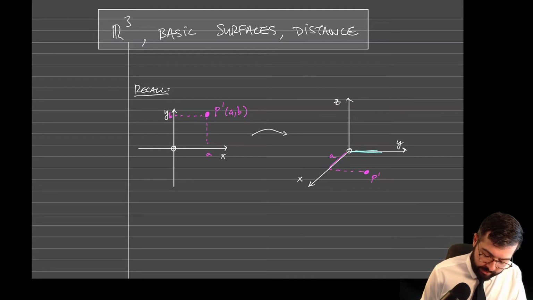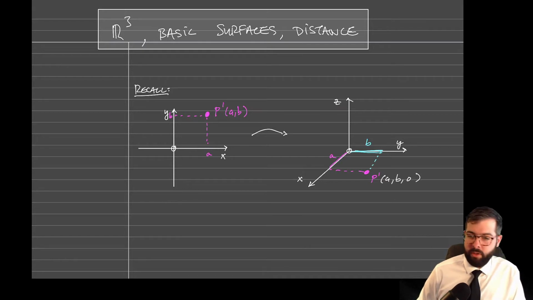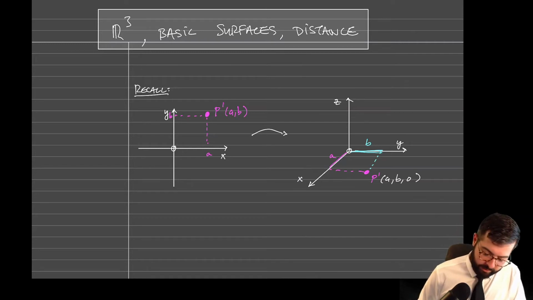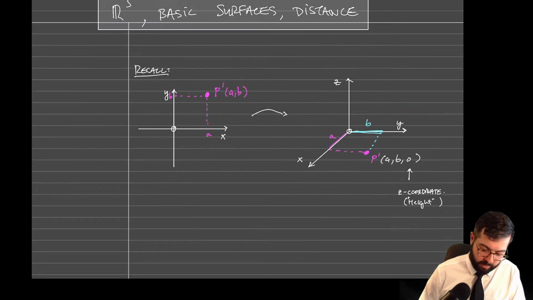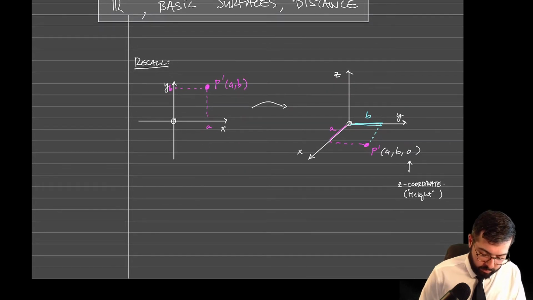I've come out a distance of B on the y-axis. And here I am with this point again, A, comma, B, comma, 0. Where 0 is my z-coordinate. You can think of this loosely as height.